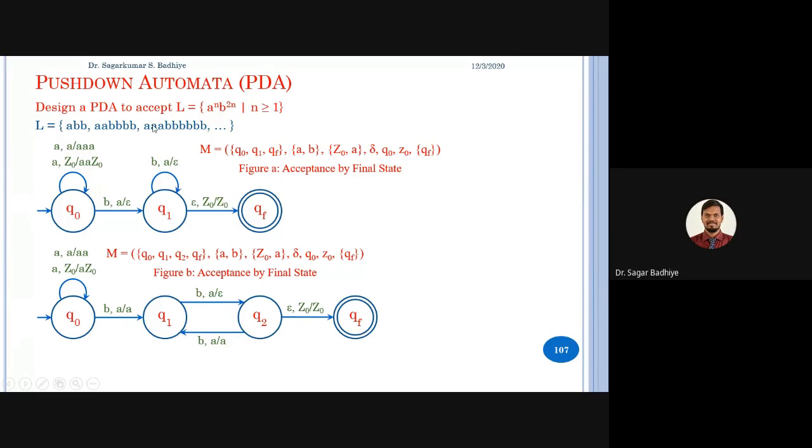The first step is to write L, which is equivalent to this, consisting of the strings of this particular format. The second step is to design the pushdown automata. The design can be in the form of transition rules, a transition diagram, or a transition table. It is better to design a transition diagram, right?